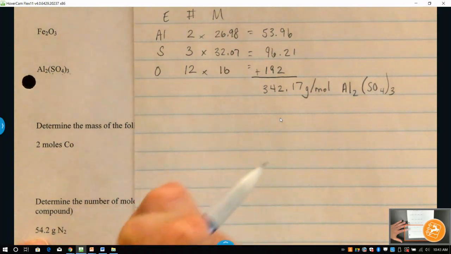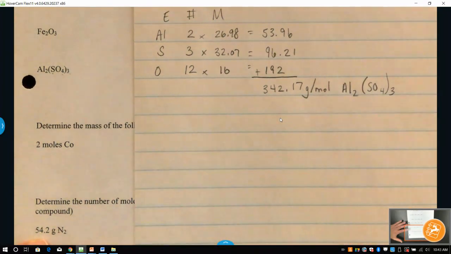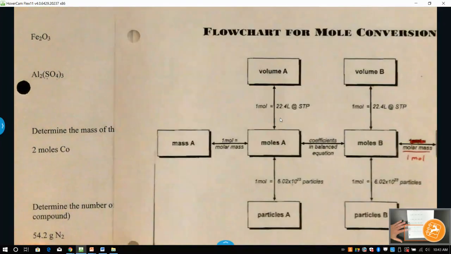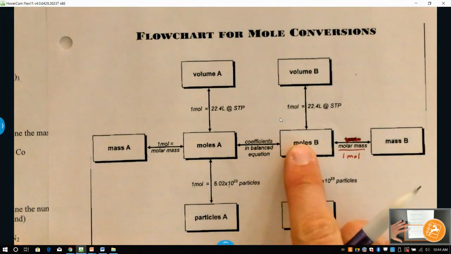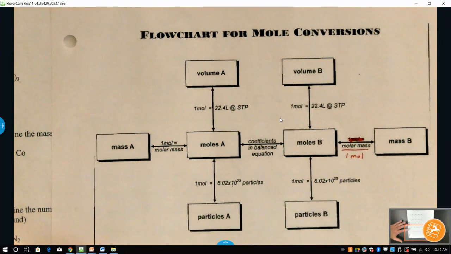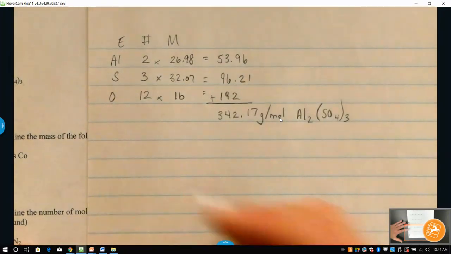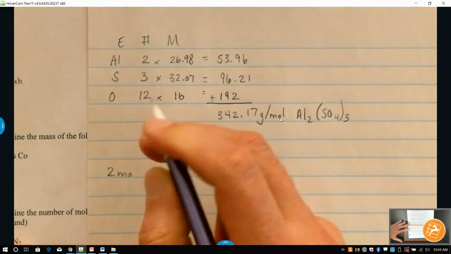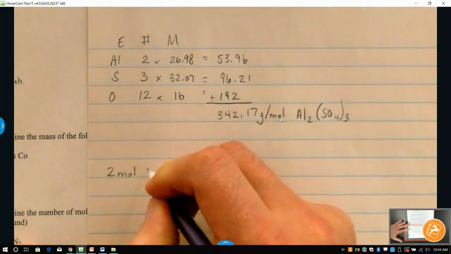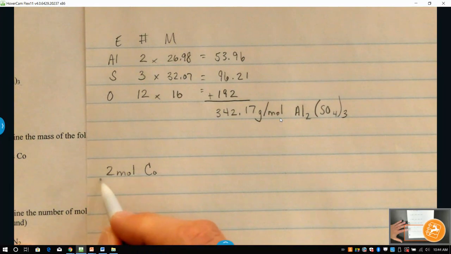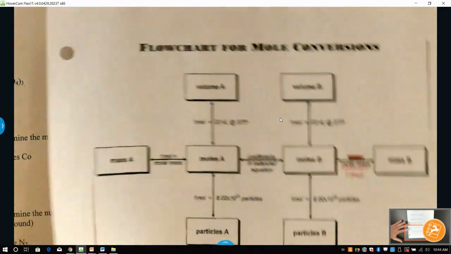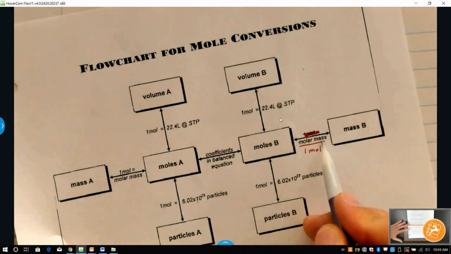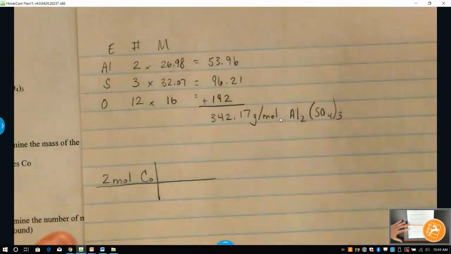As the chart tells us, we want to go from moles to mass of something. So you would write what you're given, put it in our little starting position: 2 moles of cobalt. And then the conversion factor here would be the molar mass of cobalt over 1 mole of that.